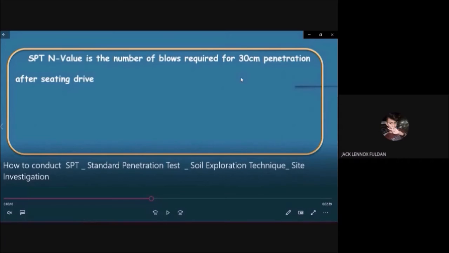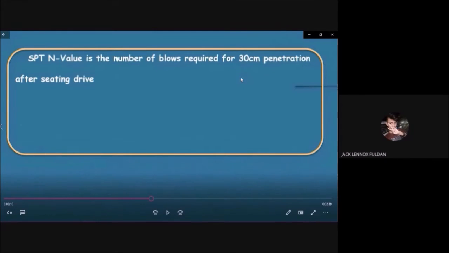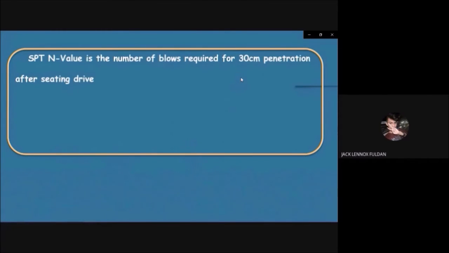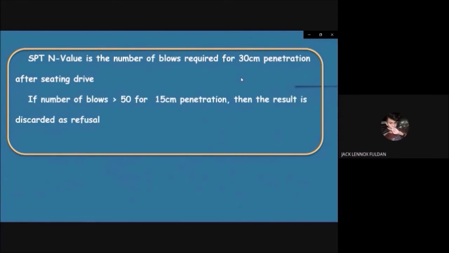If less than 30 centimeters is penetrated, the log should state the number of blows and depth penetrated. If the number of blows for a 15 centimeter drive exceeds 50, it is taken as the refusal and the test is discontinued. Tests shall be made at every change in stratum or at intervals of not more than 1.5 meters, whichever is less.